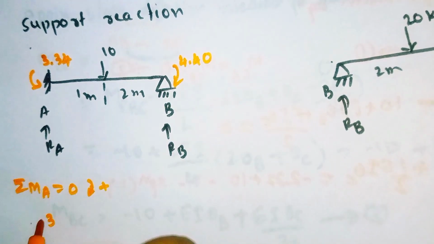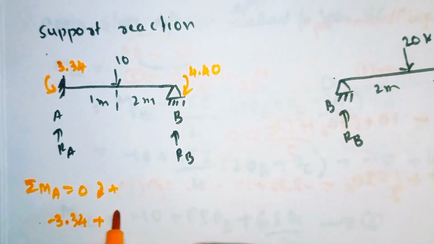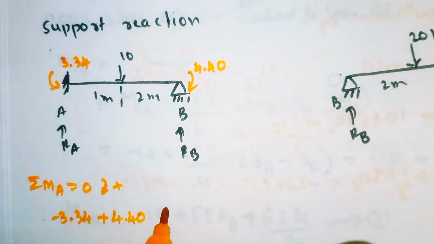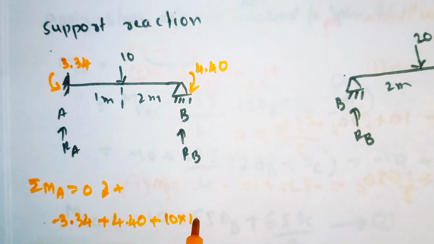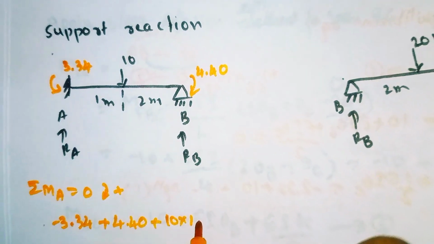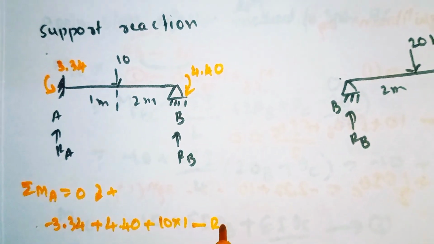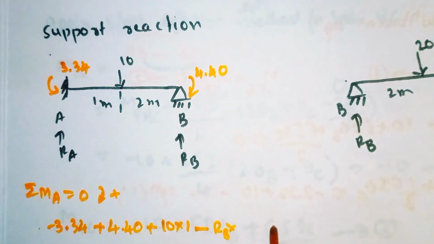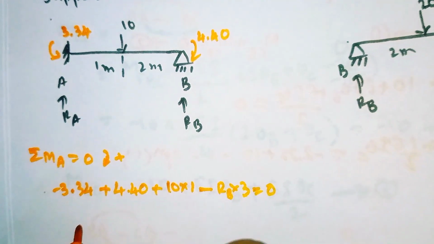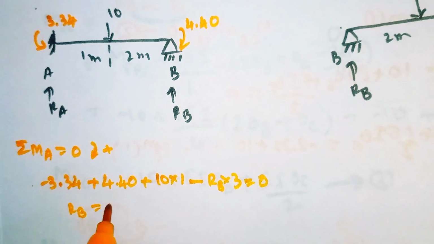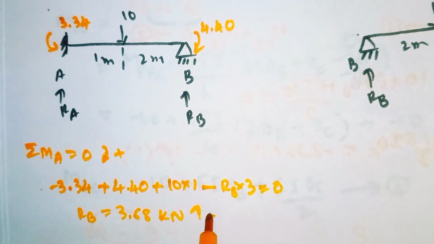So this is anti-clockwise, minus 3.34, plus it is clockwise 4.40, plus one point load is there, 10 into the distance of 1, so it is clockwise, and minus RB, it rotates anti-clockwise, minus RB into the distance from here to here, 3, is equal to 0. Simplify this, it will come out as RB is equal to 3.68 kilonewton. So it is upward, positive.